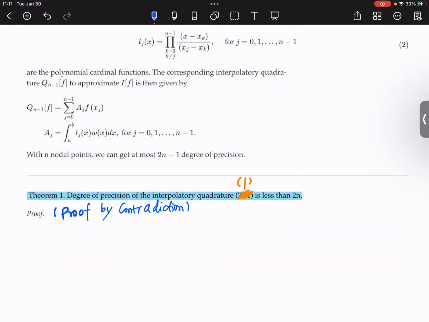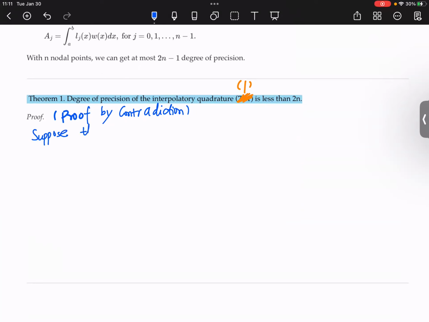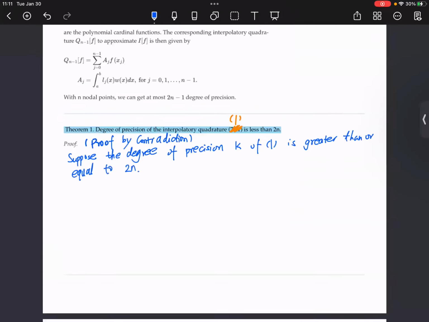Suppose the degree of precision k is greater than or equal to 2n, because the theorem is saying it's less than 2n. So let's take a polynomial here.